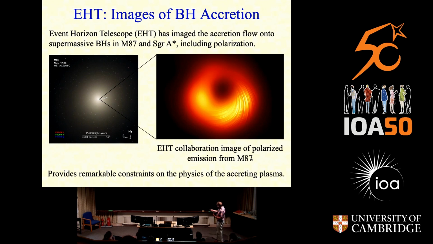And so there are remarkable constraints now on the physics of the accreting plasma that we thought we weren't going to get. EHT is meant to be a GR machine, but really it's the best instrument we have for measuring plasma kinetics in these relativistic regimes. And so it's very important for constraining the models and continuing our theoretical development of the models. So that's clearly been a frontier.